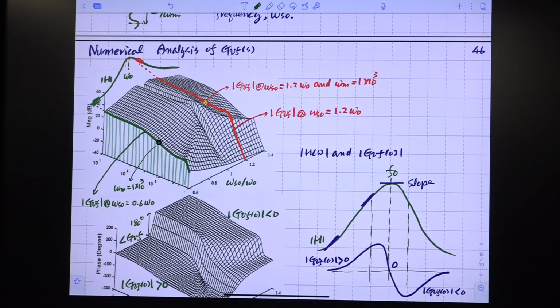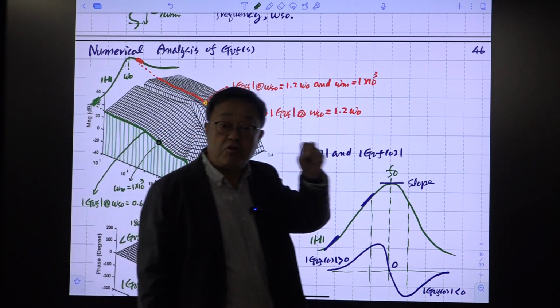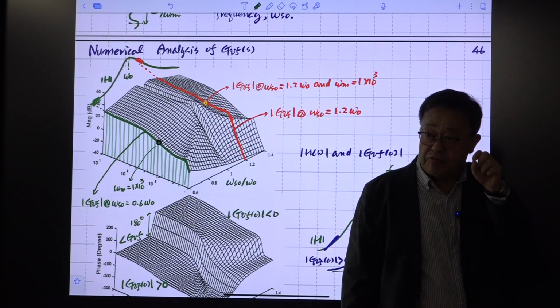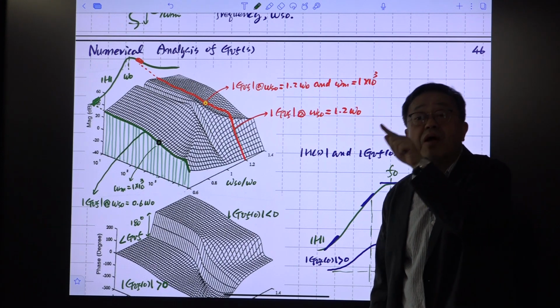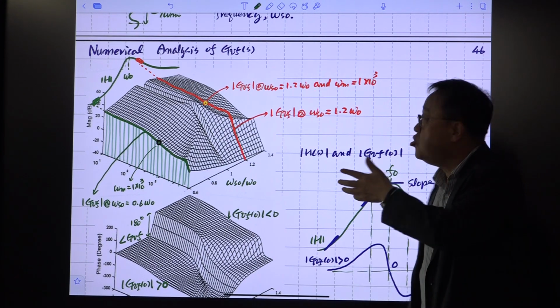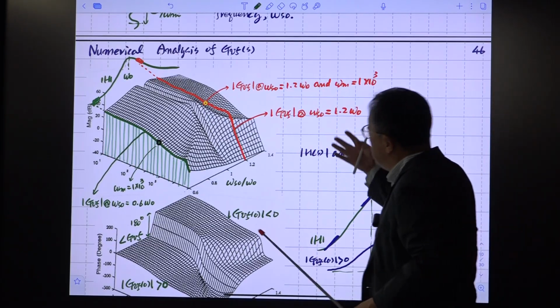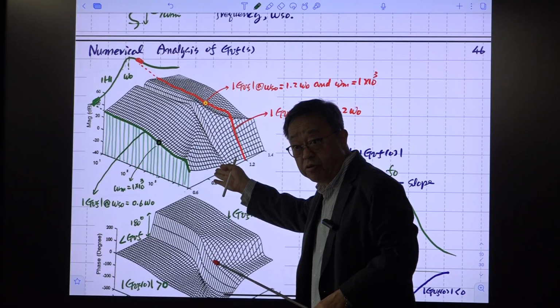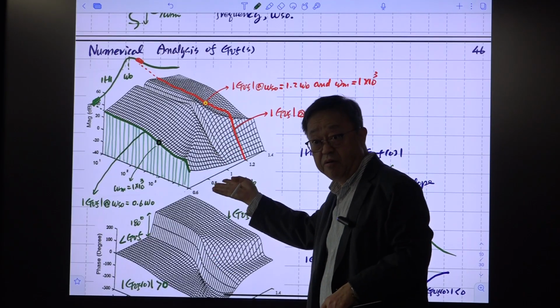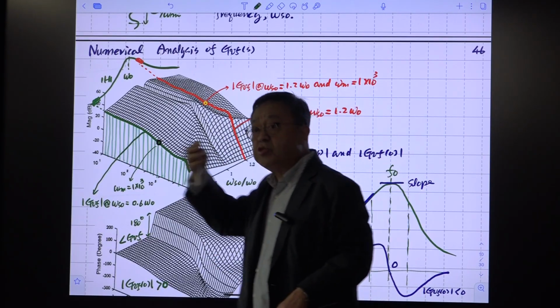Numerical analysis of GVFS, I showed this. I used this to provide the qualitative explanation about the frequency to envelope transfer function. So I'm using the same graph. Actually, he generated this for this purpose, but I used this result for something else.